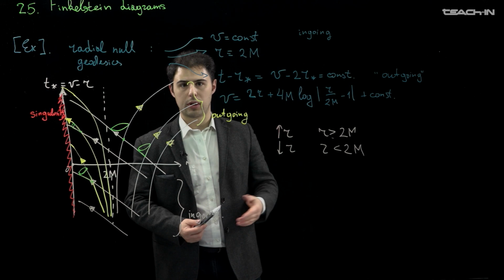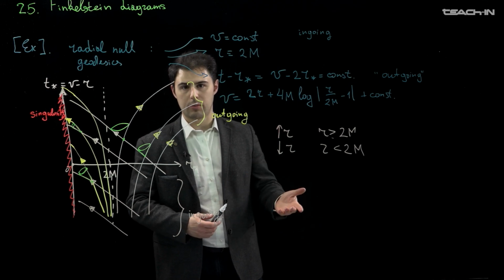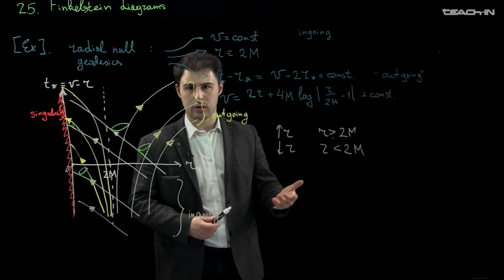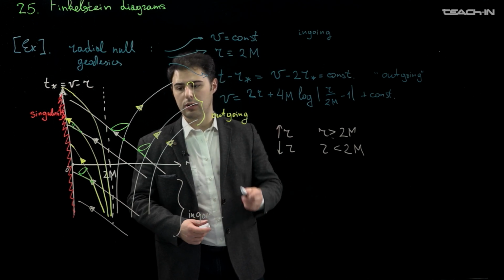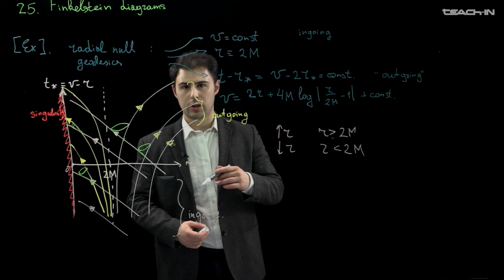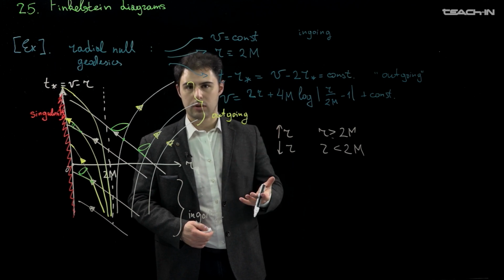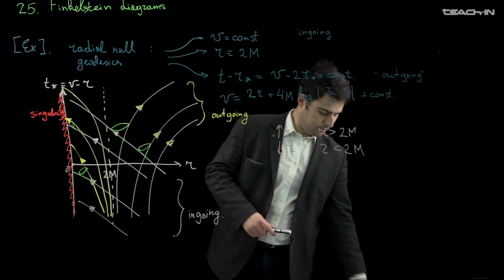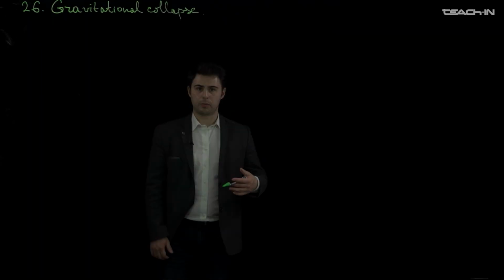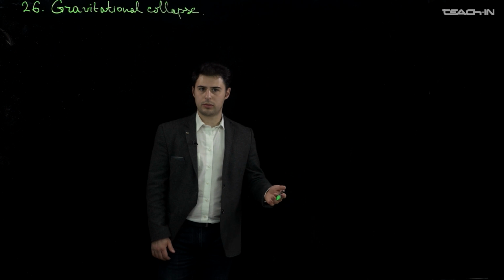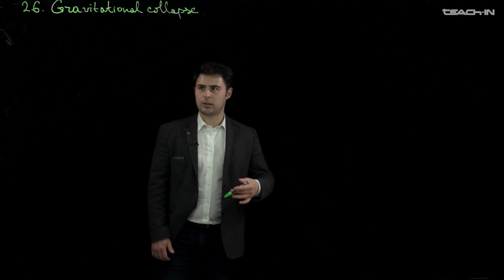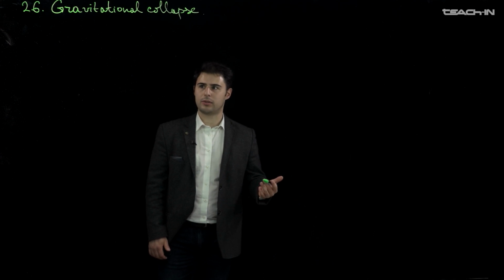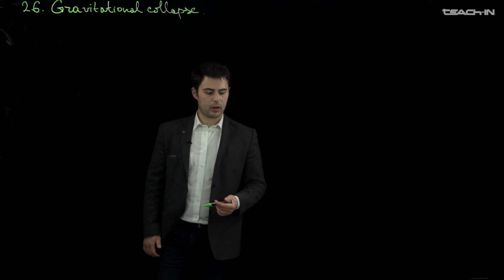So we will show that any time-like or null curve starting in the interior region would eventually end on a singularity. Before considering the black hole region, let us consider a possible gravitational collapse in our Eddington-Finkelstein coordinates.